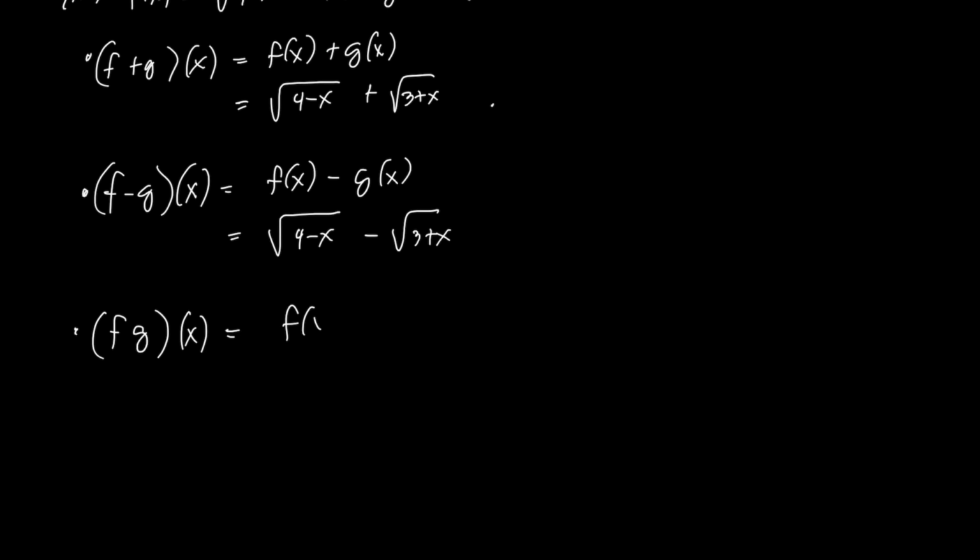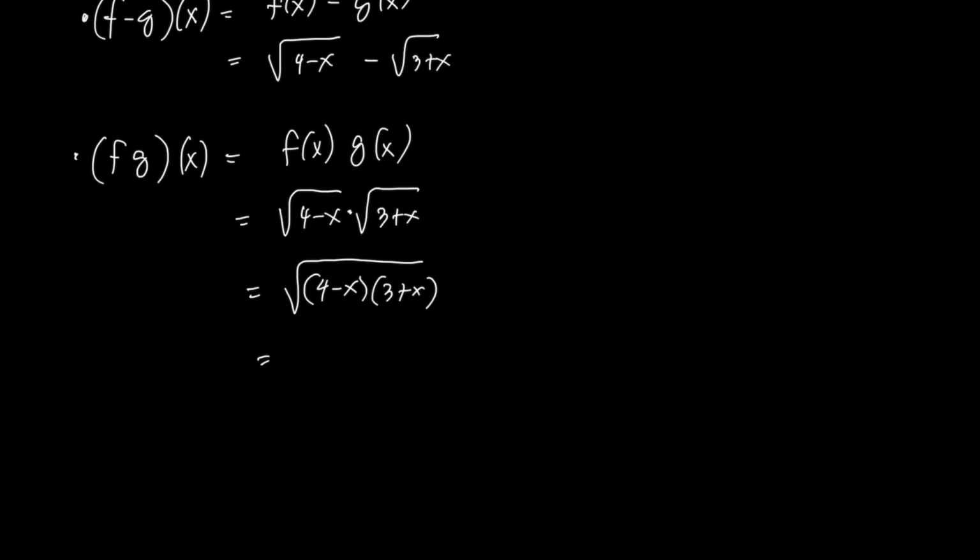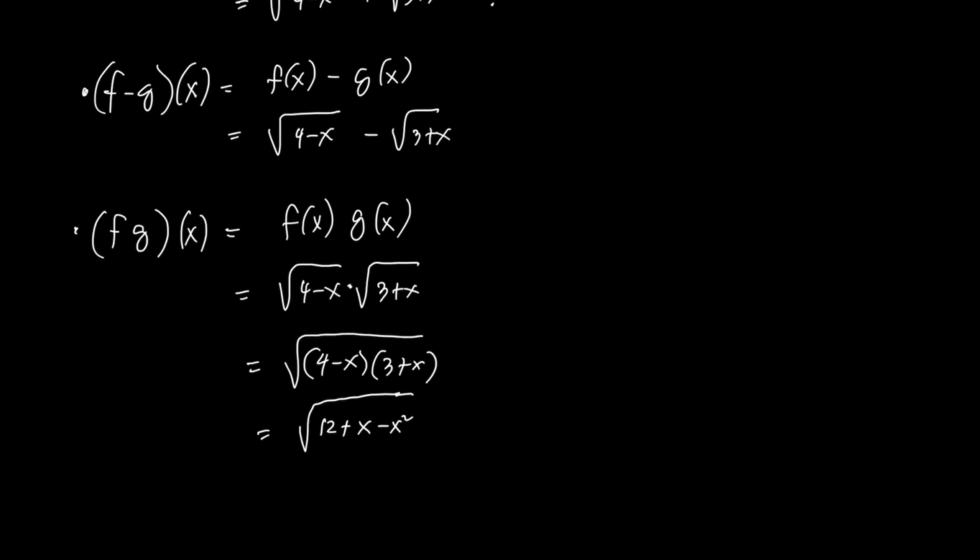Now for (f times g) of x, that's f of x times g of x, which is the square root of 4 minus x times the square root of 3 plus x. Here we can have 4 minus x times 3 plus x, or simply the square root of 12 plus x minus x squared.